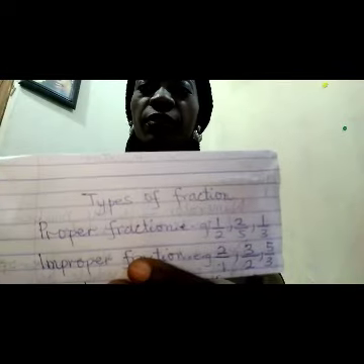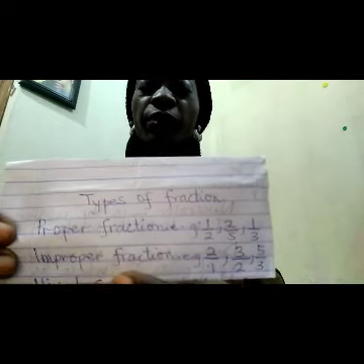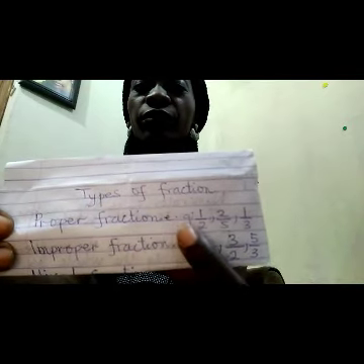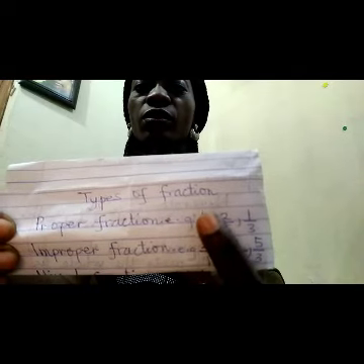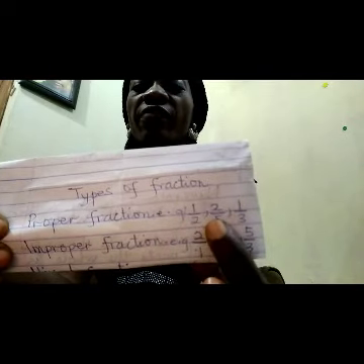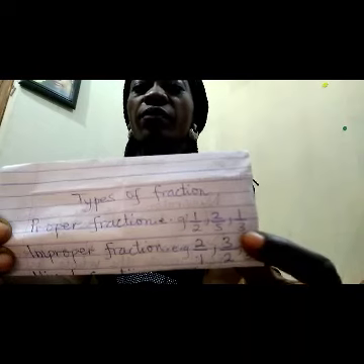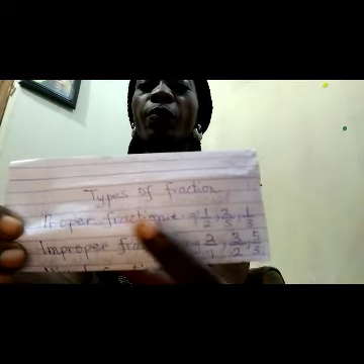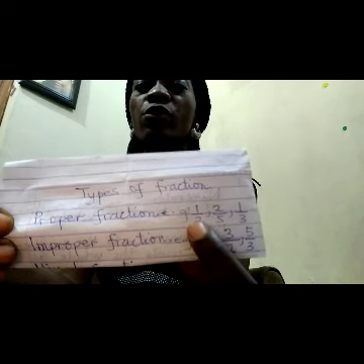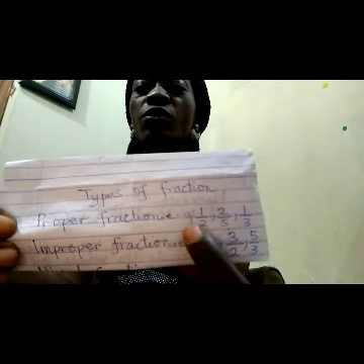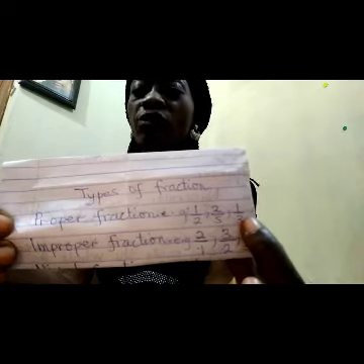So these are examples of proper fractions. You can see 1/2, 2/5 and 1/3. You can see the numerator is smaller than the denominator. So this is a proper fraction.